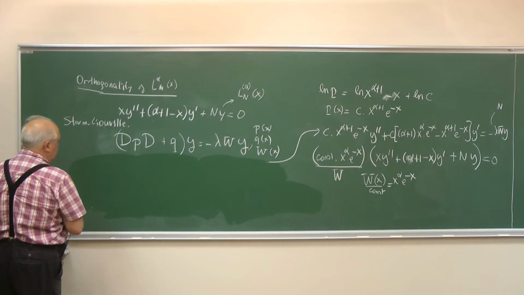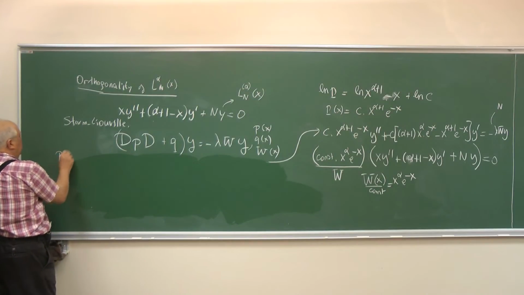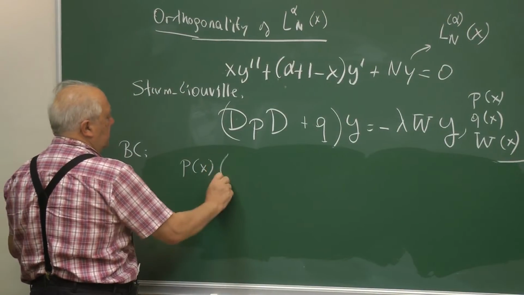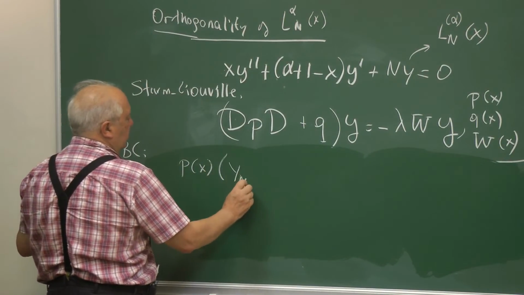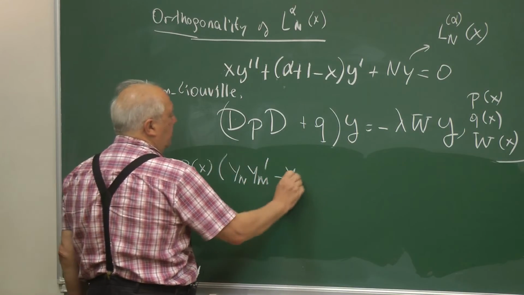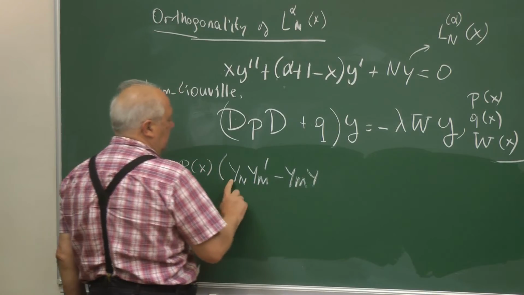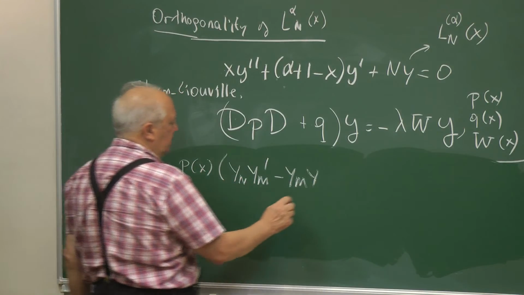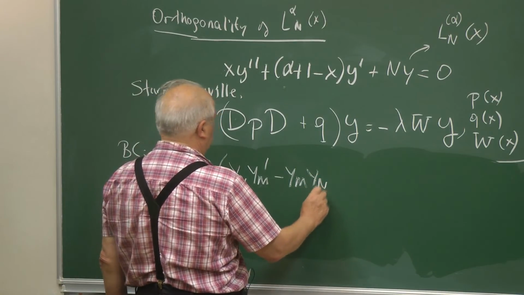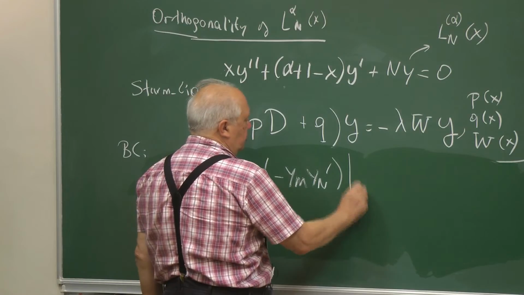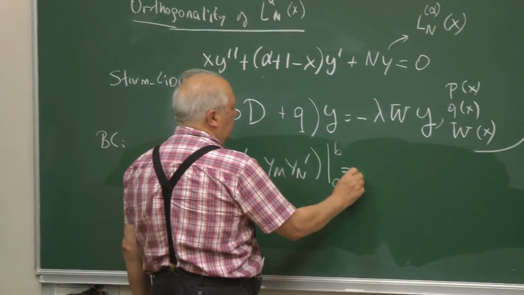It demands that the boundary condition must be satisfied: p of x times y n prime minus y m, namely function and derivative belonging to different eigenvalues, y n prime. And the limits should be such that at a and b, that should be 0.